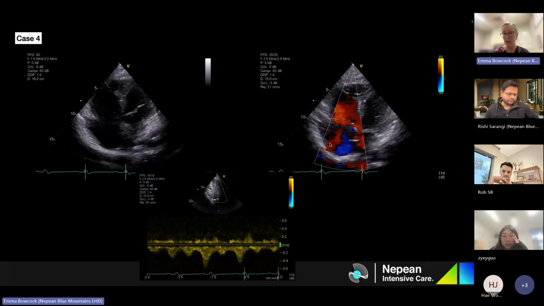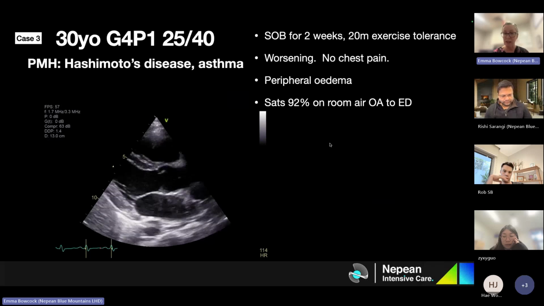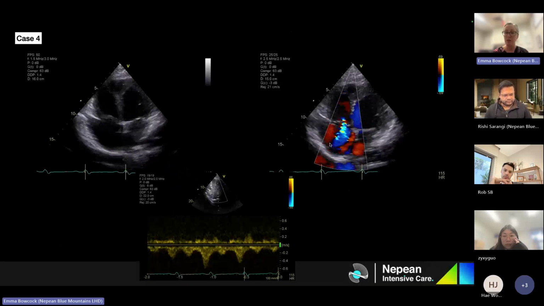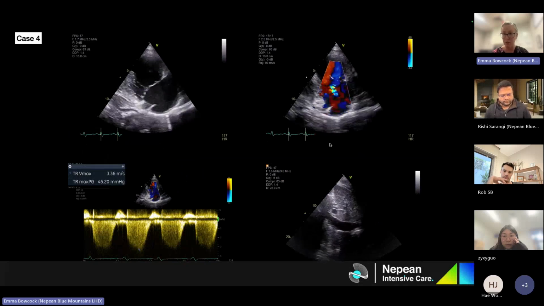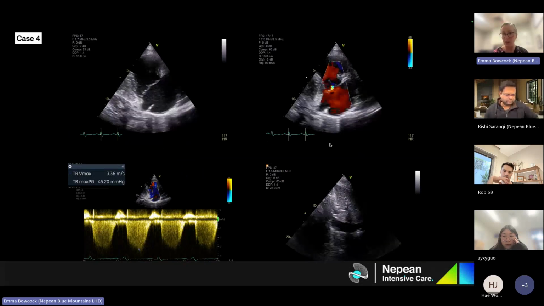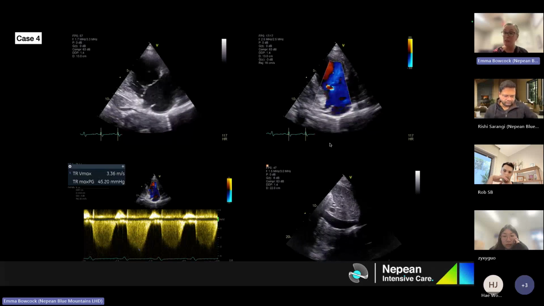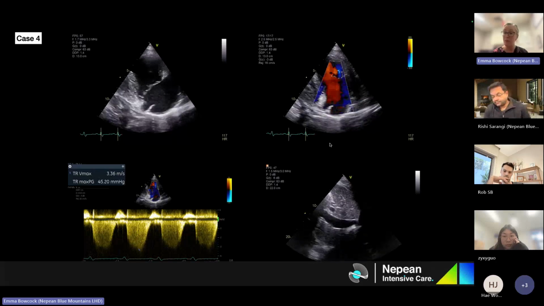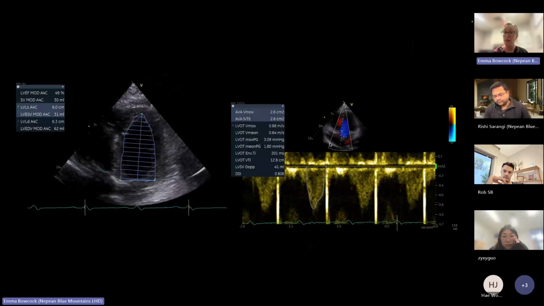So the way that I would probably summarize this case is to say, highly abnormal TTE with morphological features in keeping with significant pulmonary hypertension, with pulmonary pressures estimated today at about 55 to 60 millimeters of mercury, however, could be underestimated in the context of RV dysfunction and at least moderate tricuspid regurgitation.